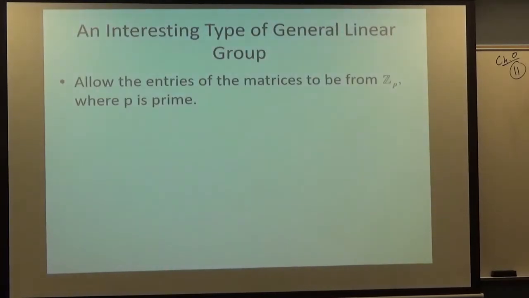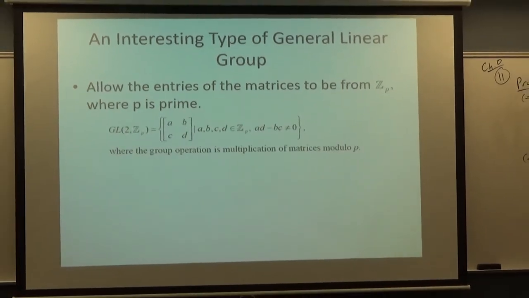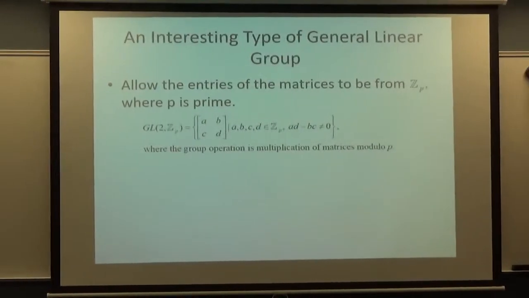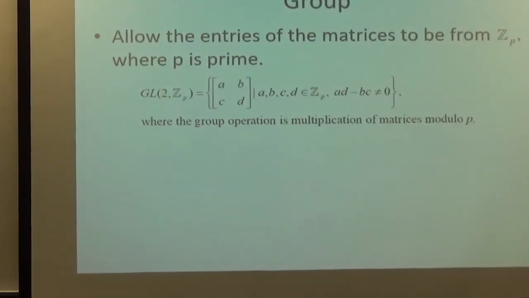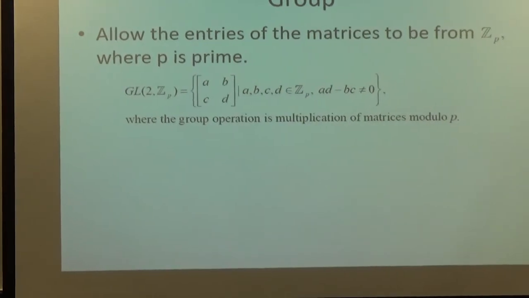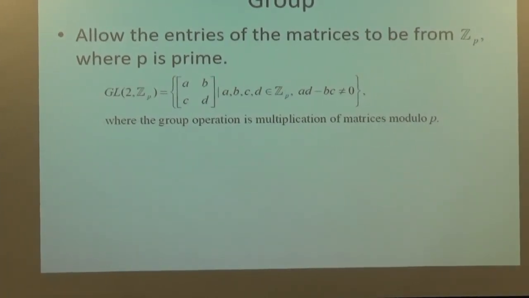Here's an interesting type of general linear group. Allow the entries of the matrices to be from Z_p where p is prime. Okay, so GL stands for general linear. It's just special notation for a set of square matrices.